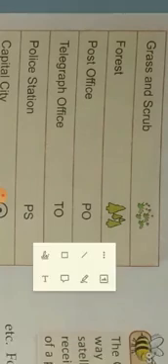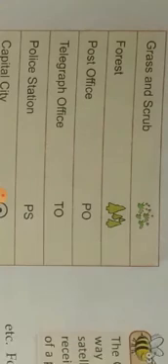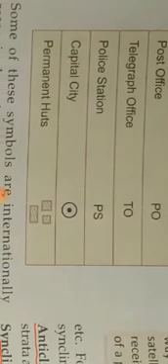Now, grass and scrub. Then symbol of forest. Then PO stands for post office, TO stands for telegraph office, PS stands for police station.